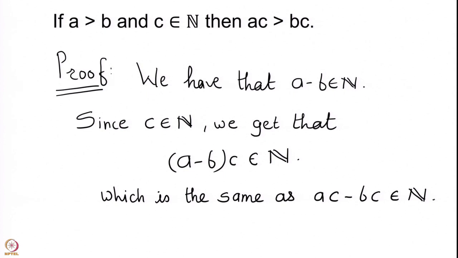But if you have ac minus bc a natural number, then we get ac bigger than bc.